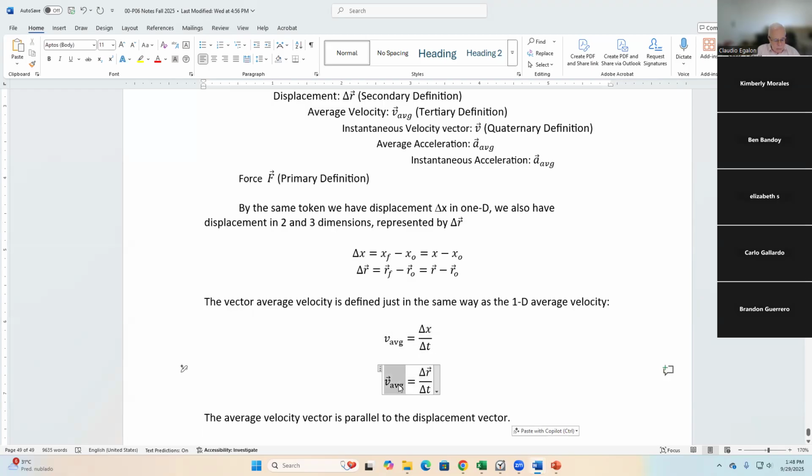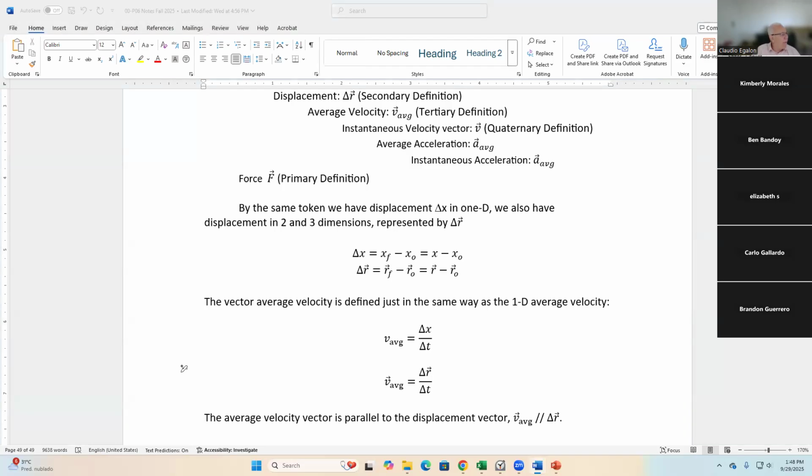How do you display that in mathematical terms, right? We display that like that. Those two bars mean parallel. And then we go for the instantaneous velocity vector.